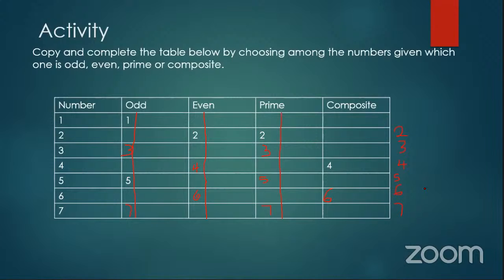Okay, so we almost find out that if it is an odd number, it has higher chances of being a prime number. And even numbers also have higher chances of being composite numbers.